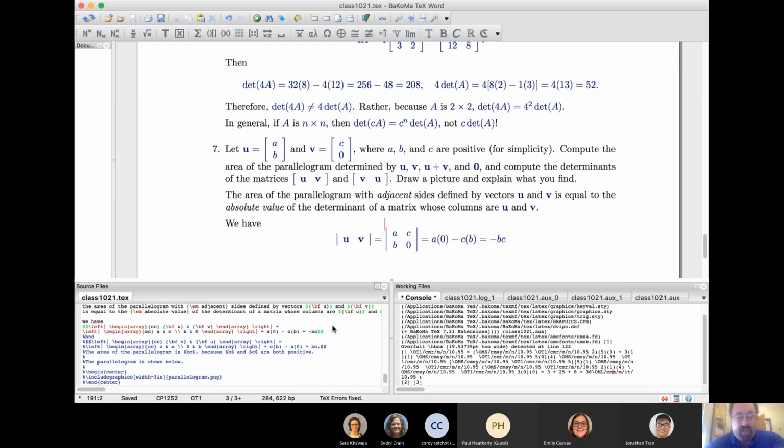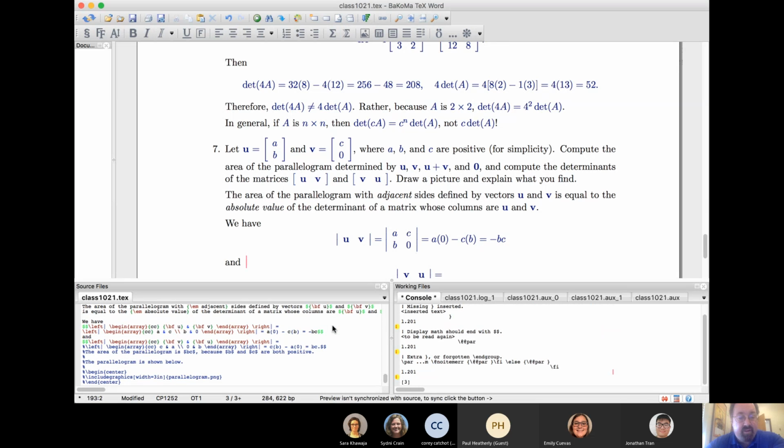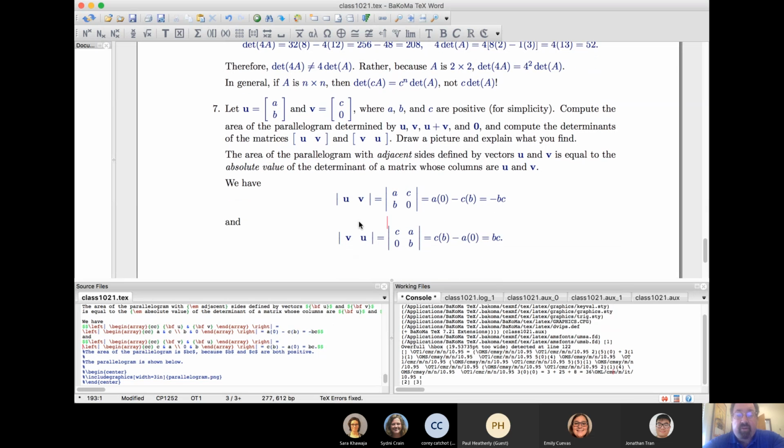But then if we go the other way, here we have vu. So then we have c times b minus a times 0, and we get bc. So predictably, the determinants are negatives of one another, just because these two matrices are related by interchanging columns.